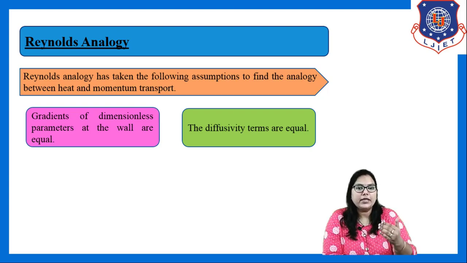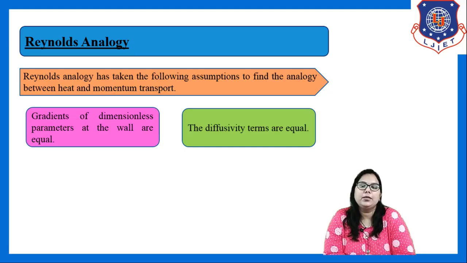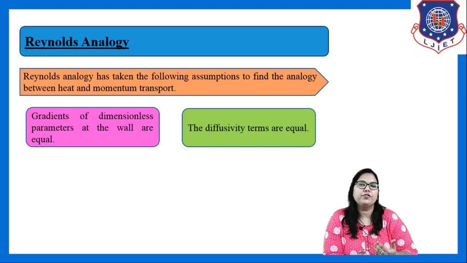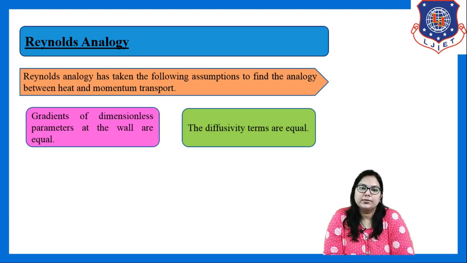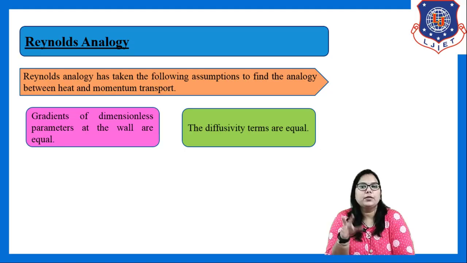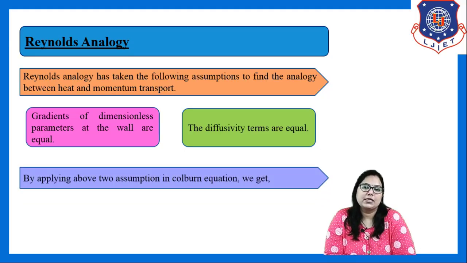If the diffusivity terms are equal, the term Cp μ/K is cancelled out. So when we apply these two assumptions, the μw/μ term and the Prandtl number term are both cancelled out.